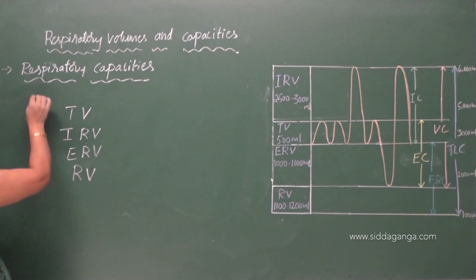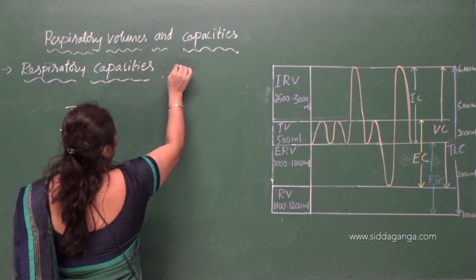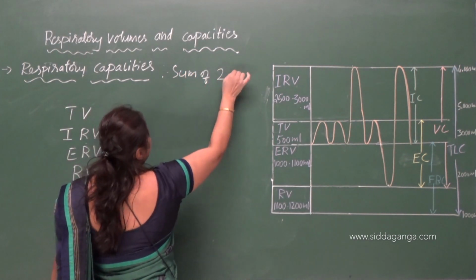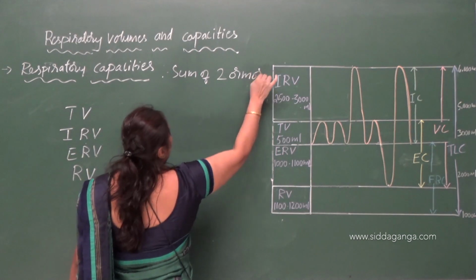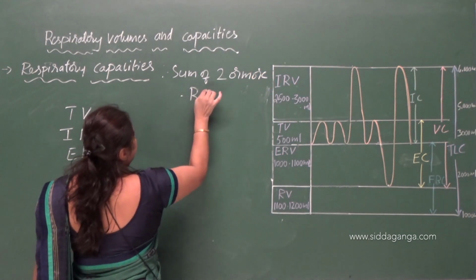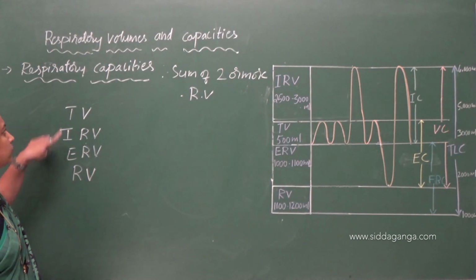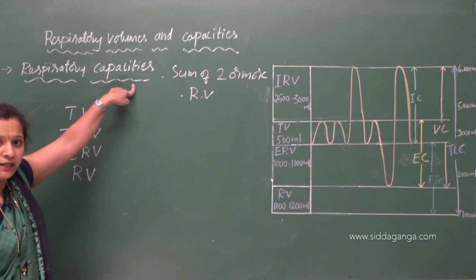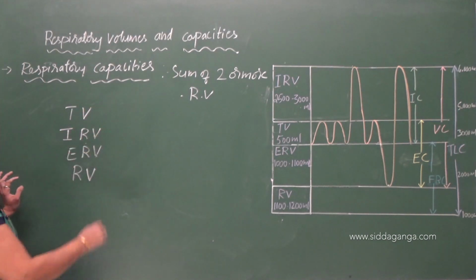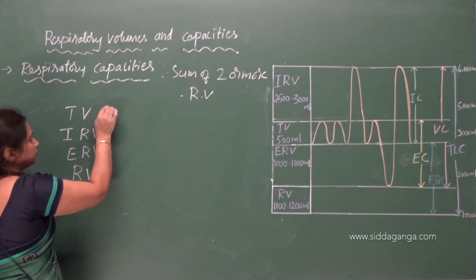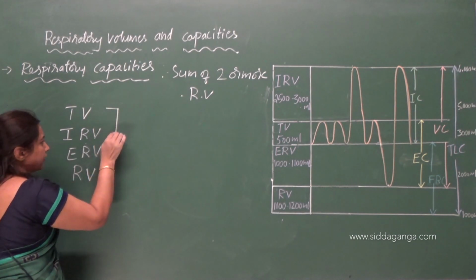Respiratory capacity is the sum of two or more respiratory volumes. So the sum of two or more respiratory volumes gives the respiratory capacities. For example, if we add TV plus IRV.